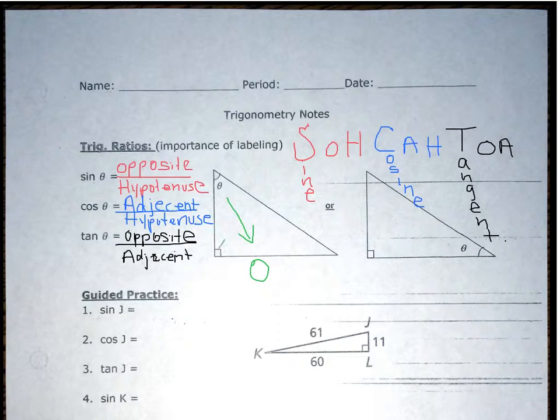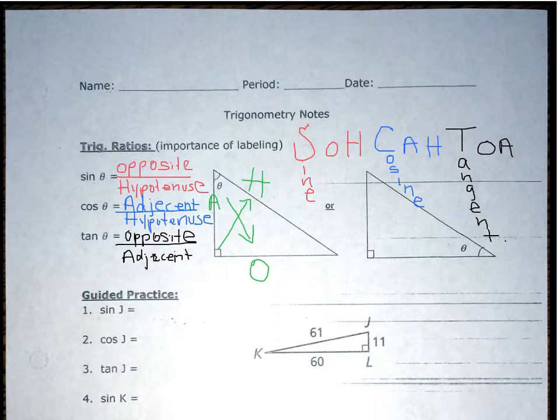Across from the right angle, you always find what side of the triangle? The hypotenuse. And right next to theta is the adjacent, because it's adjacent to that angle. This is the hypotenuse because it's across from the right angle. And this angle is across from the opposite side, so this is the opposite side.